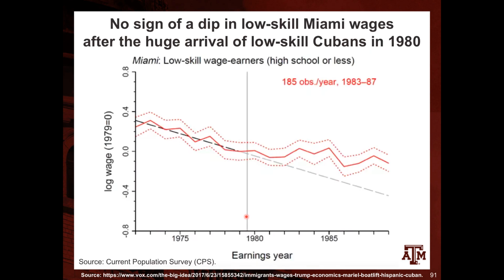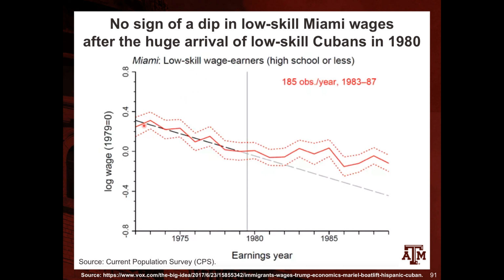So I will show now some of these graphs that Clemens shows. He includes them in this article that's available in this link, using data from the Current Population Survey. First, he provides the results of this model, in which he is looking at the trend of the earnings, in log earnings, of low-skilled wage earners.